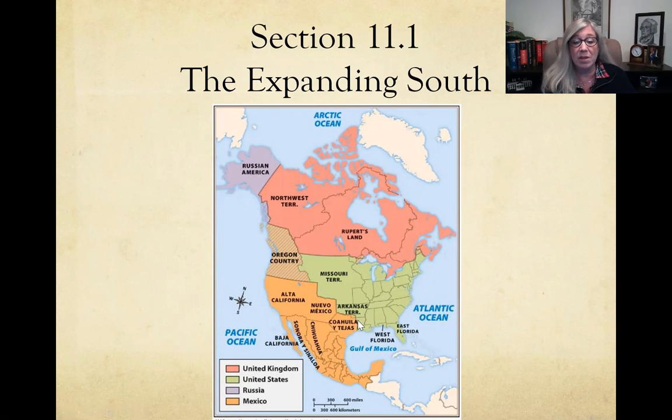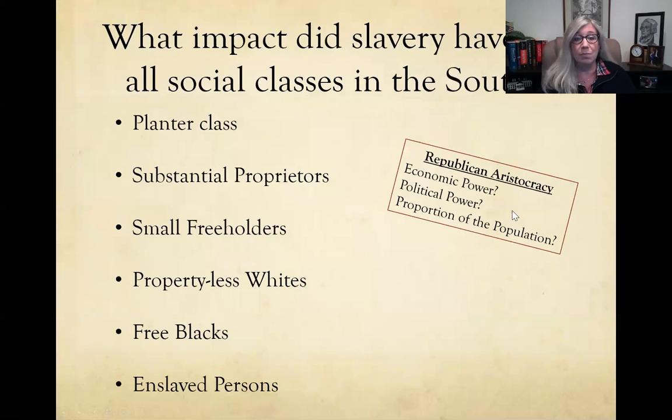And that's going to cause some of the debate within the Senate. All right, and then you've got Great Britain that controls everything in pink. You've got Russia controlling Alaska here, but then also notice that Oregon here is kind of striped, because we're going to see that the United States and Great Britain are going to share Oregon, and that also will lead us into a few other problems.